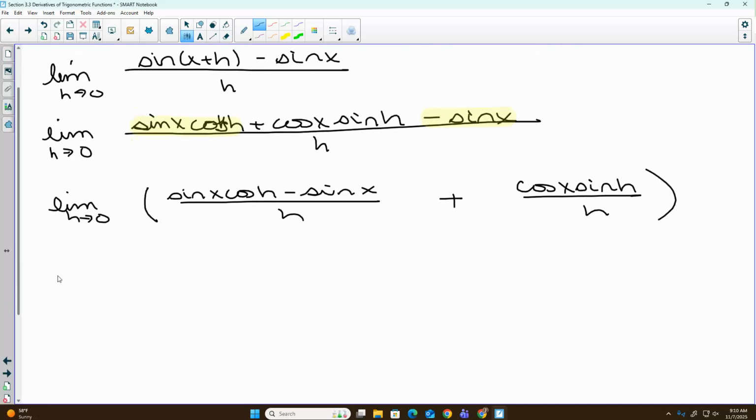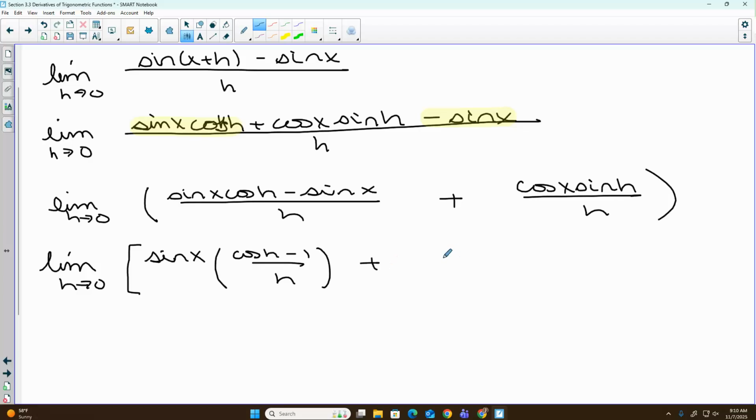And I left that third term off by itself. So, if I pulled off this sine x, that leaves me with a cosine h minus 1 over h. Over here, if I pulled off that cosine x, that leaves me with a sine h over h.